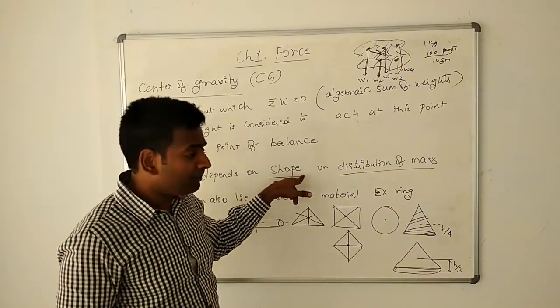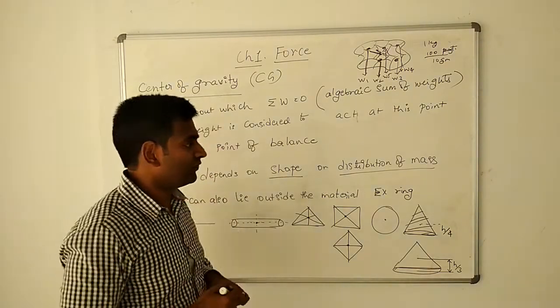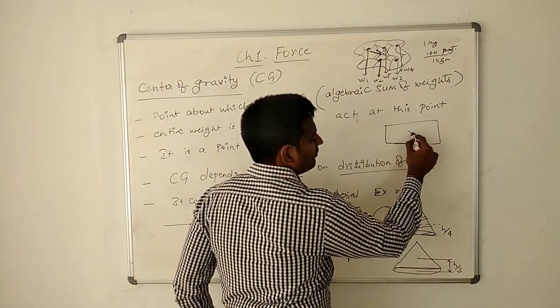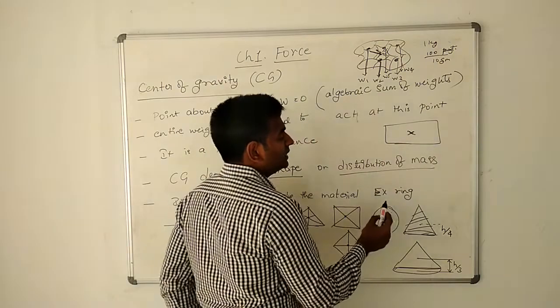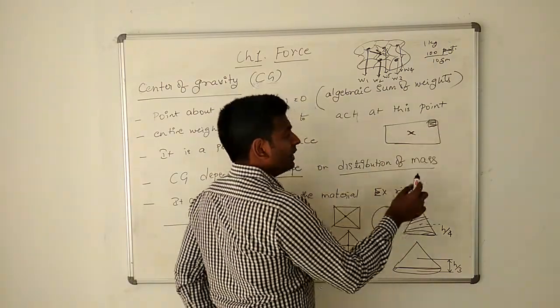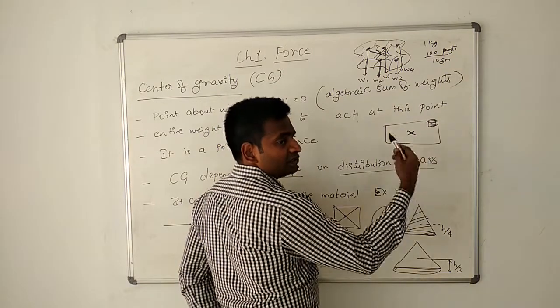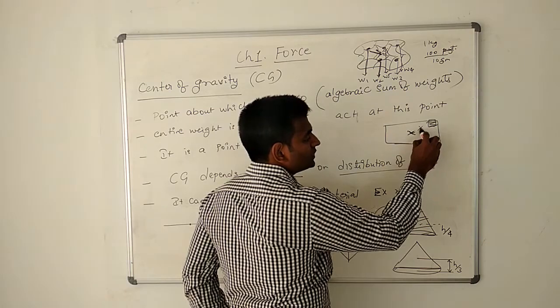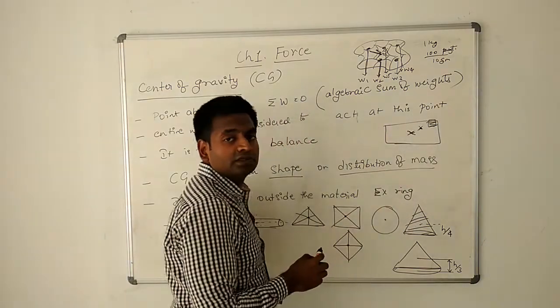It depends upon the shape, that means it depends upon the distribution of mass. For example, if I take this body, and the center of mass of the body is here, and then I add a particular weight at this point, where does my new center of gravity lie? My new center of gravity moves towards this point, and it will shift towards here.